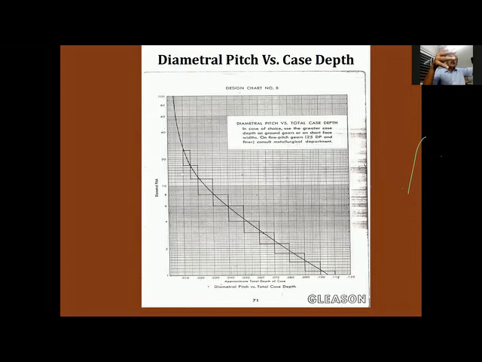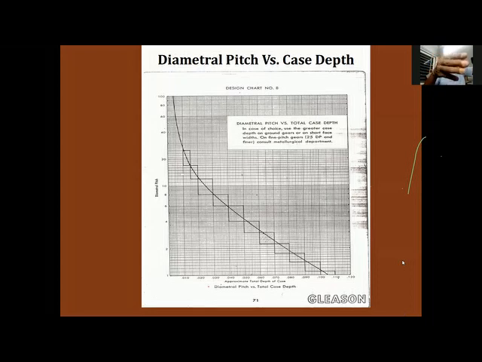Now, normally in dimensional aspects, we say there will be a nominal value for a given dimension and there will be a tolerance. How do we decide tolerance for metallurgical specifications? In the case of case depth, there will be a range.